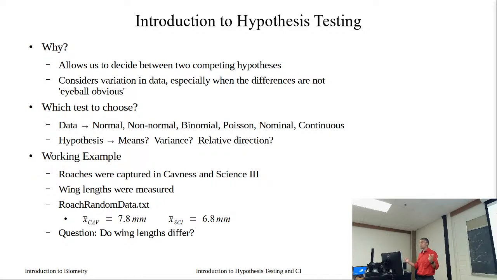Two. All right, so what's the first variable? Which building. What type of data is that? It's nominal, right? It's categorical data. That's variable 1. What's variable 2? Wing length. What type of data is that?